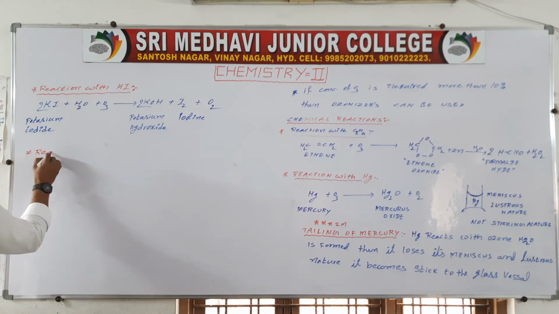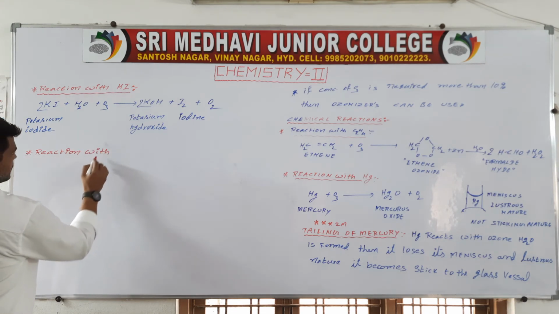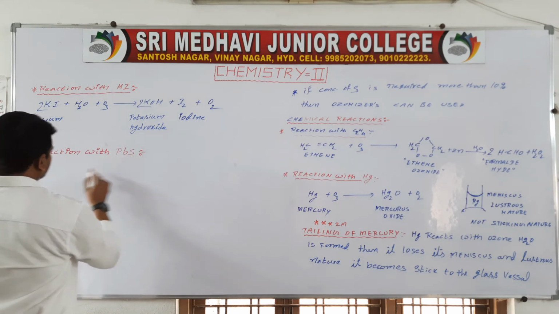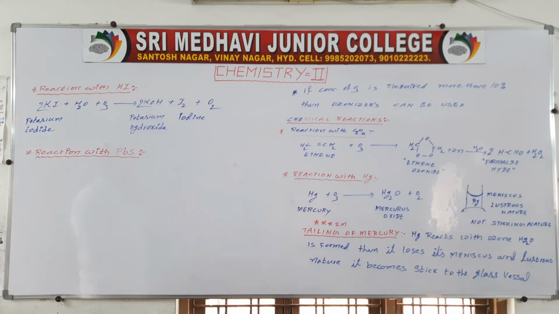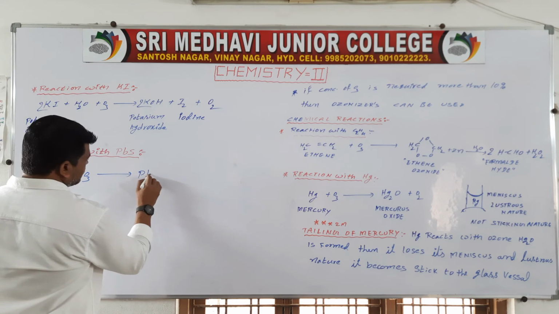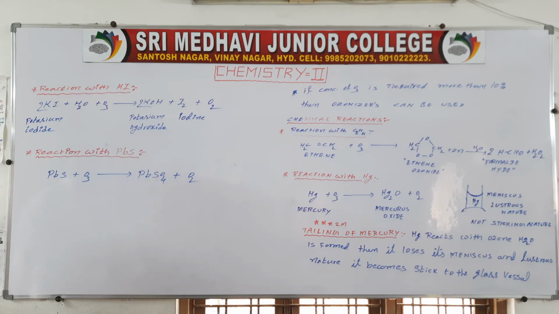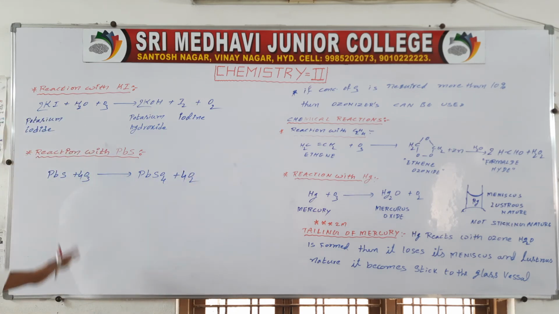Okay, then next, reaction with PbS. PbS is called lead sulfide. PbS reacts with ozone, which gives rise to PbSO4 plus O2. If you take 4, 4 3s are 12, 4, 4 2s are 8, balanced.